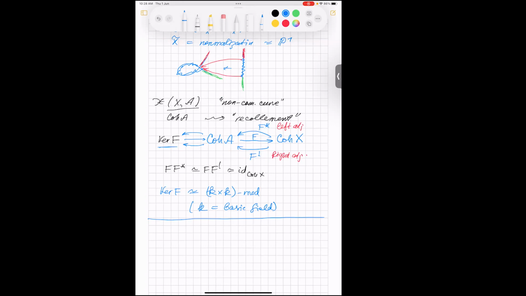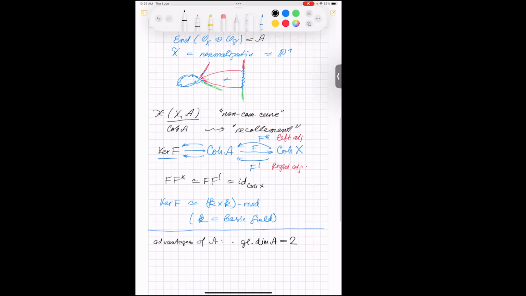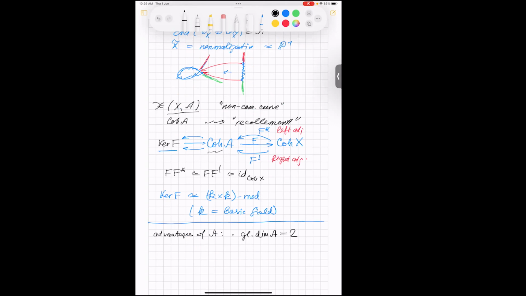But A has a lot of advantages. First of all, it has finite global dimension. Its global dimension equals 2. So it is in some sense regular. That is why it can be called a resolution. So this one is a categorical resolution of this one.